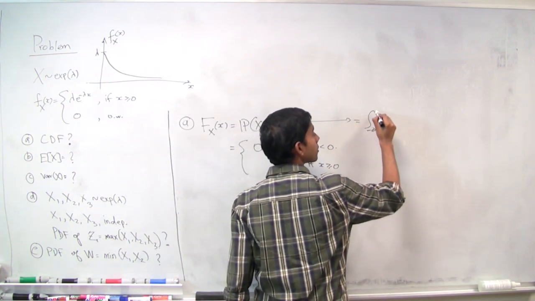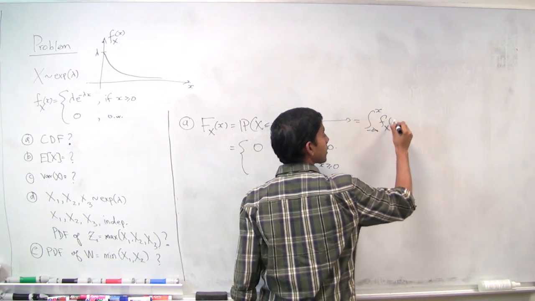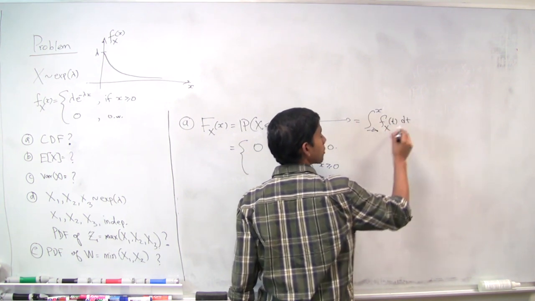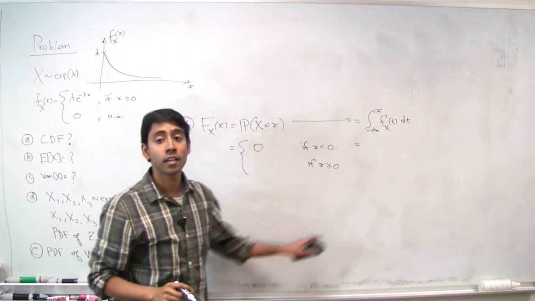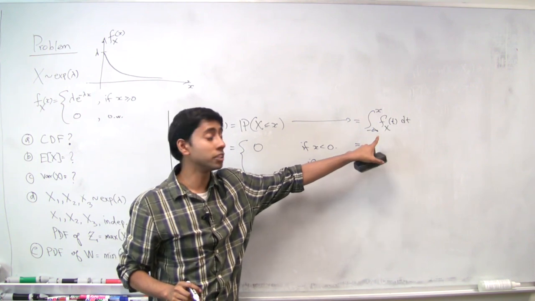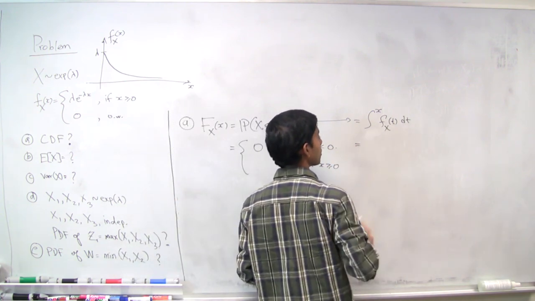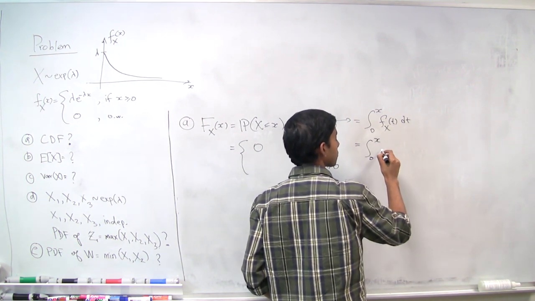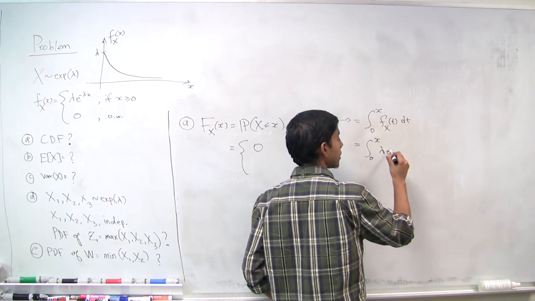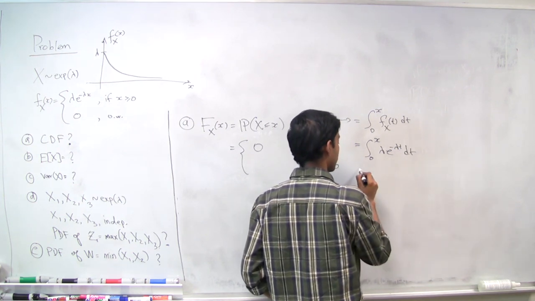To do that, we take the integral from minus infinity to x of f_X(t), with t as the dummy variable. Notice that, again, f_X(t) is going to be 0 for negative values, so we take the integral from 0. Now we plug in for f_X(t): lambda e to the minus lambda t dt.